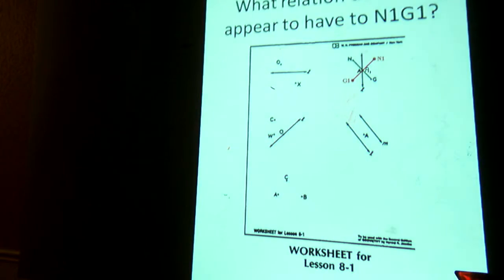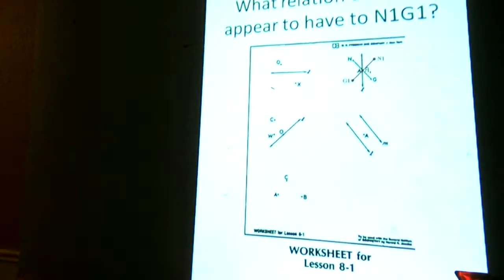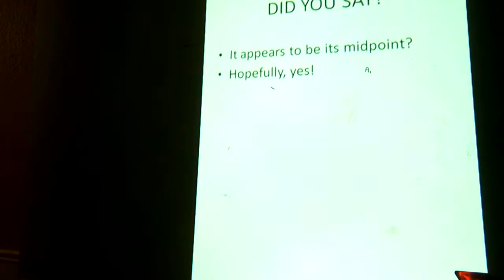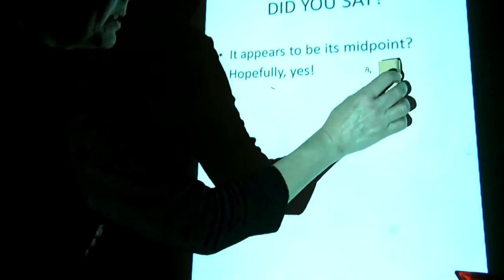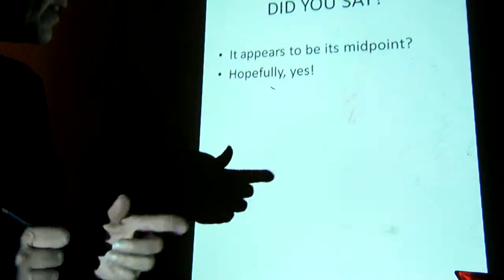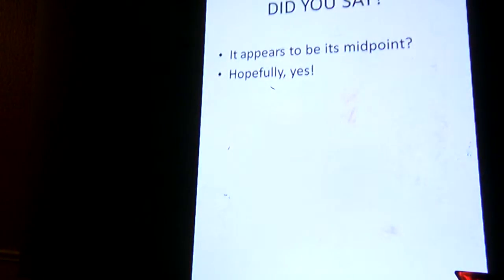Go ahead and think about that for a minute. And hopefully you said it appears to be its midpoint. Just like A was the midpoint of NG, A1 is the midpoint of N1, G1.